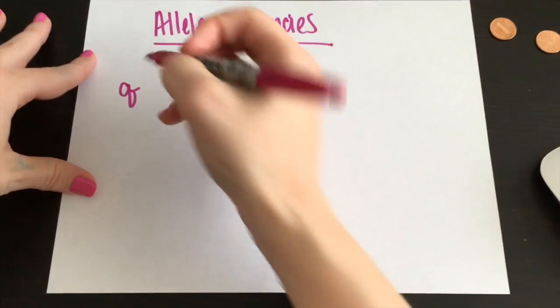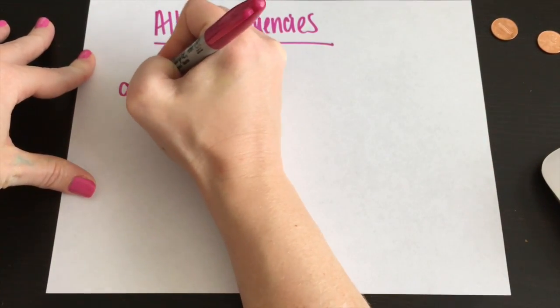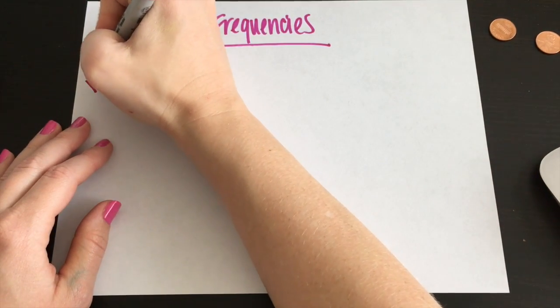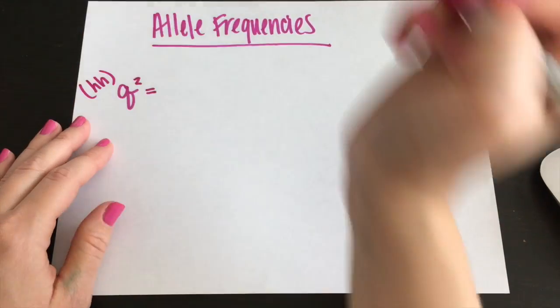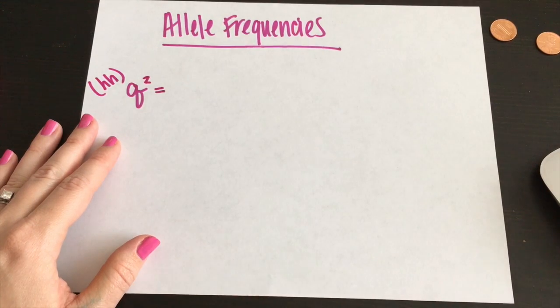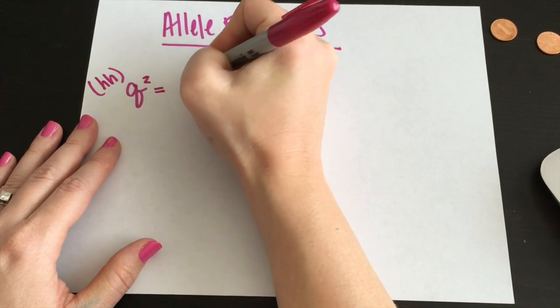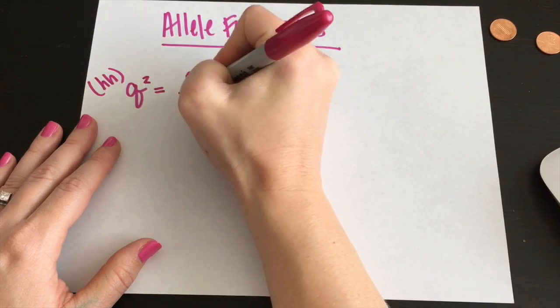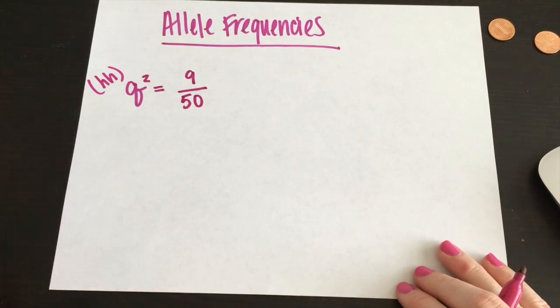So let's calculate some allele frequencies. q squared, remember we said, is going to be little h, little h, right? And we know that 9 of our individuals have a square head. So 9 out of 50 people have a square head, right?